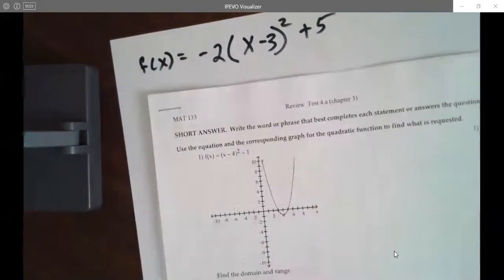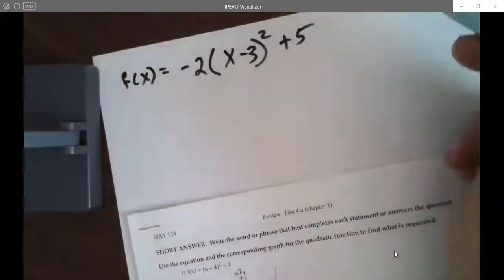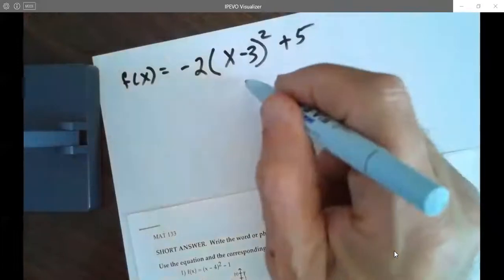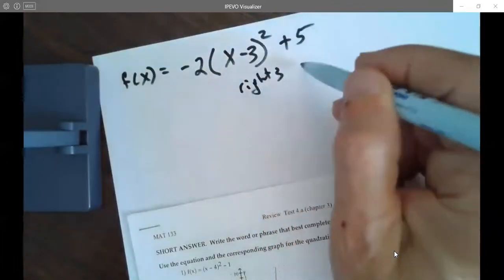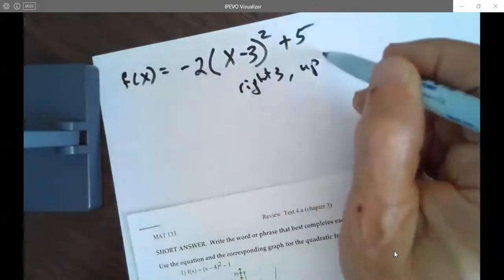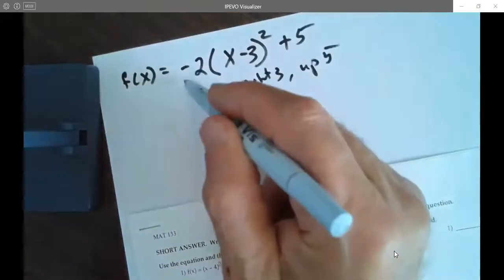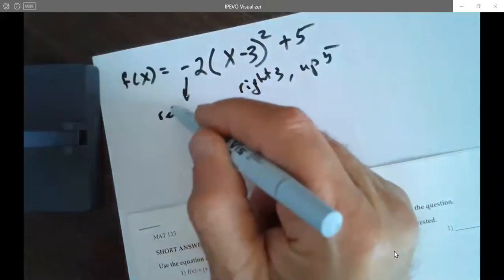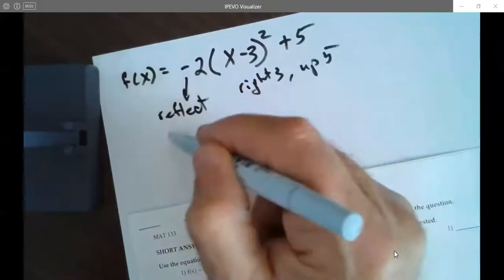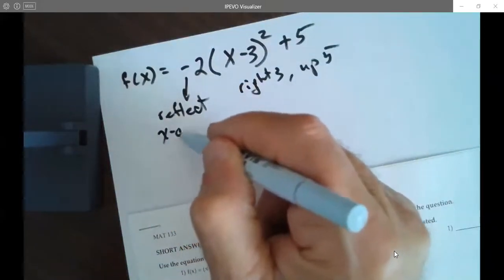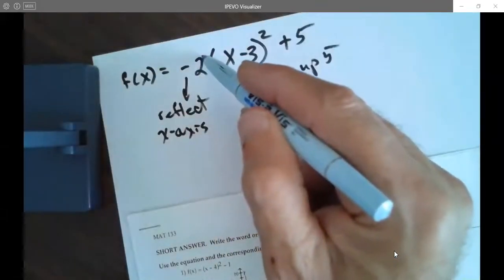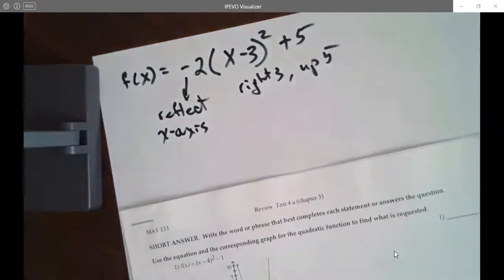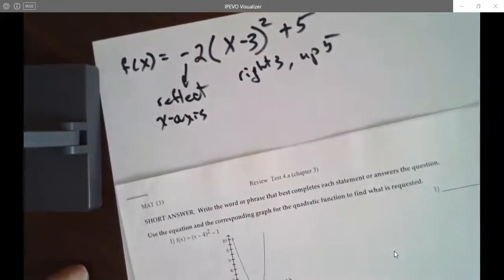They already show the graph. So this is going to move right 3, up 5, and this is going to reflect or flip about the x-axis. The 2 is going to make it vertically stretch, but that really doesn't affect domain.